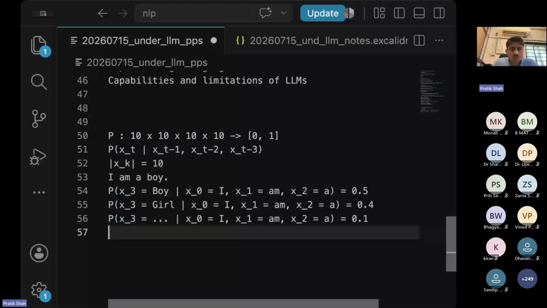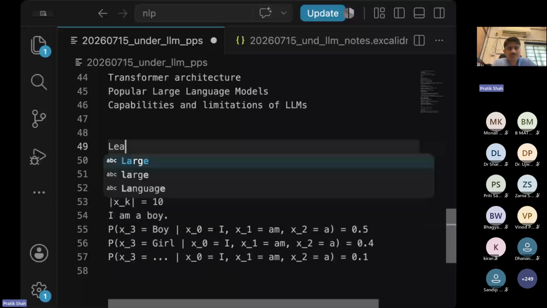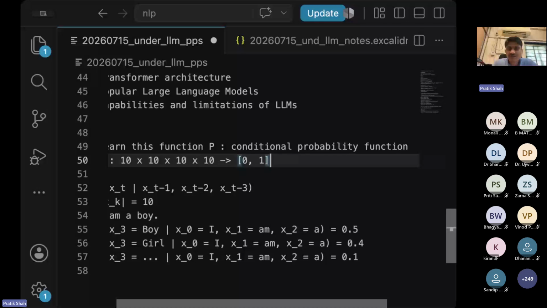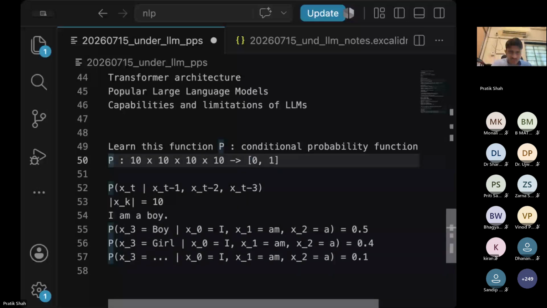So what a language model does is it tries to learn this function P. It tries to learn this conditional probability function from the text. So the more data is seen by this model, the better the conditional probability approximation the model will have.